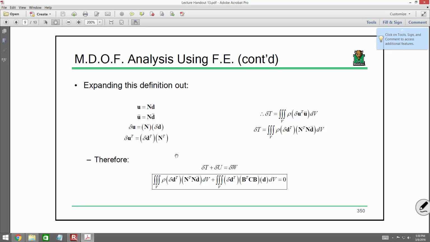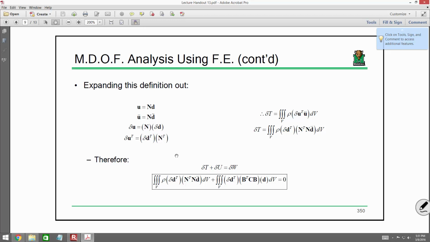Remember that trick we did before where if I transpose a vector that's the result of a matrix times a vector, A times B, and I transpose it, I have to flip the order in order for the dimensions to make sense. So here's my original expression: the density times virtual displacements times my accelerations. This is delta d n transpose, and that is N times my accelerations.